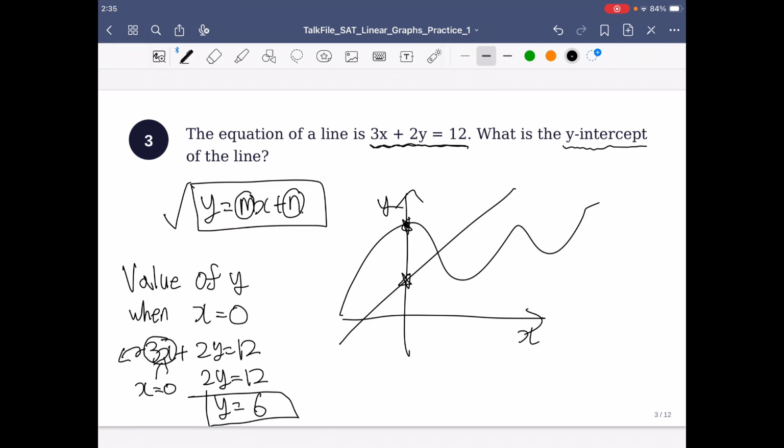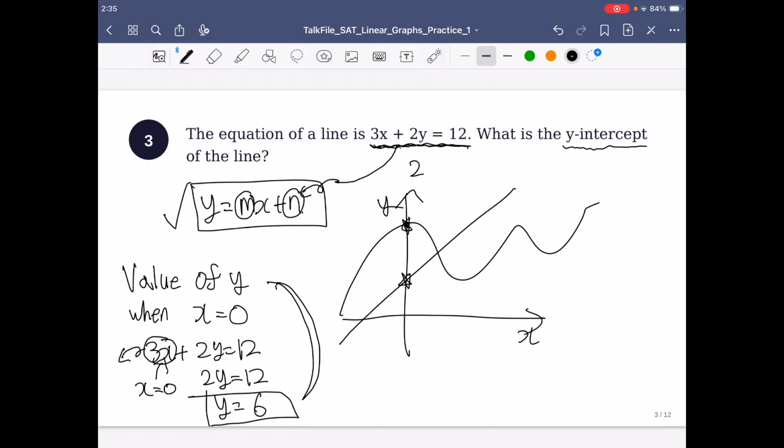Or if you remember only this one, and you don't know how to find the y-intercept like this, then you can just change this equation. We need to do minus 3x on each side.